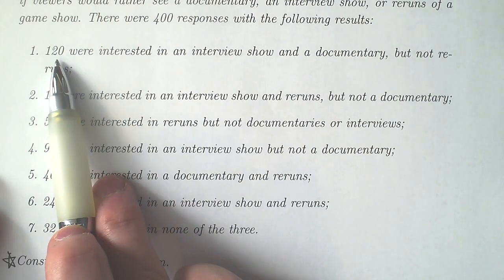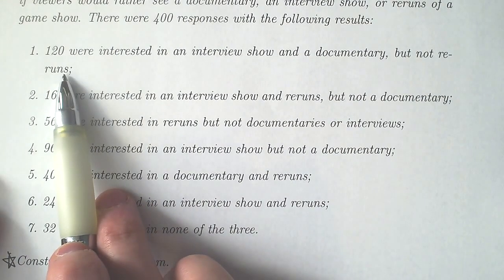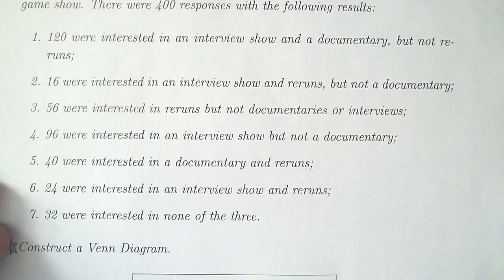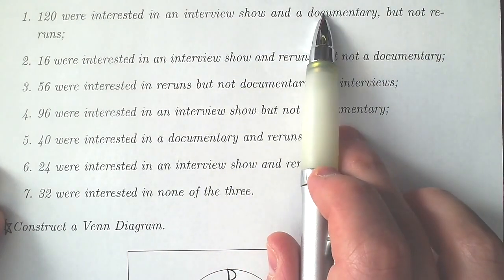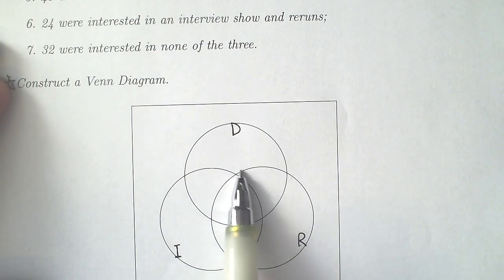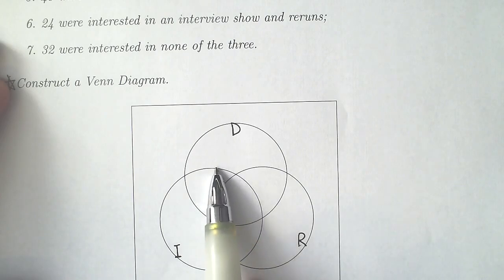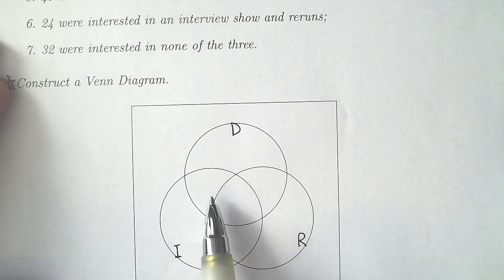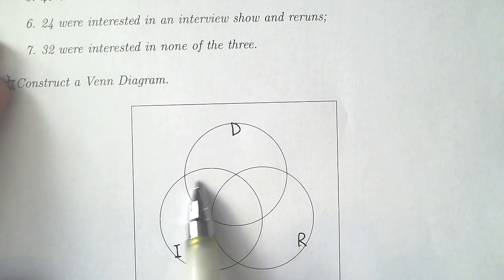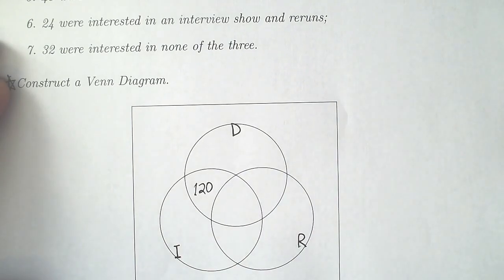120 were interested in an interview show and documentary, but not reruns. You could probably use that right away. Interview and documentary, but not reruns. Let's see. Here's interview, here's documentary. The intersection of them is this football shape over here. But if it says not reruns, then we leave out this middle part and we say the 120 goes here.